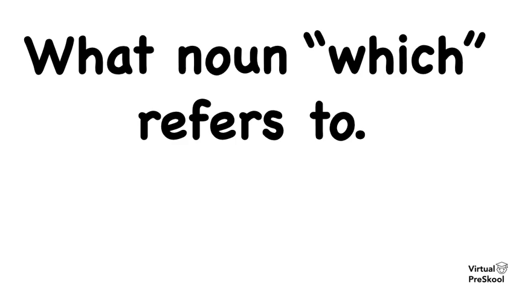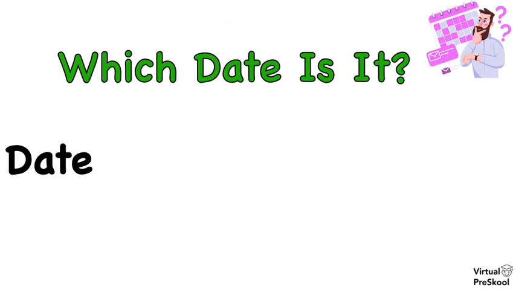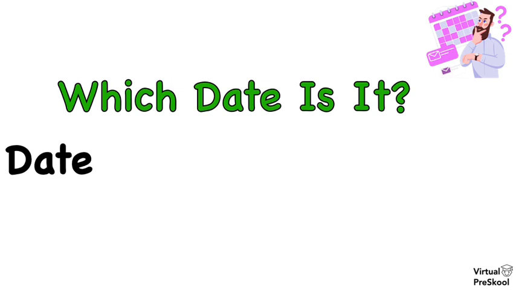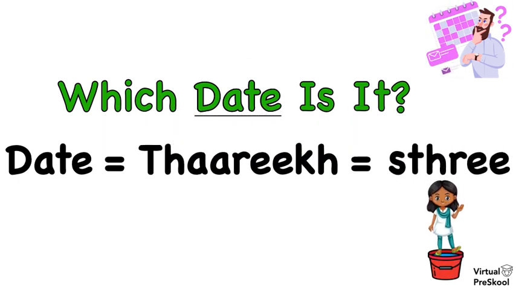What I mean is you have to ask the question, which what? We're doing the sentence, which date? Okay, so which refers to the date. And date is tareekh, and that is a stree noun.